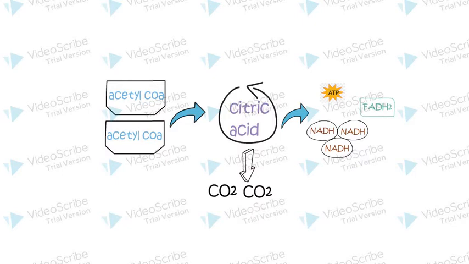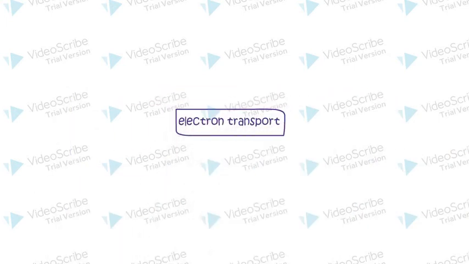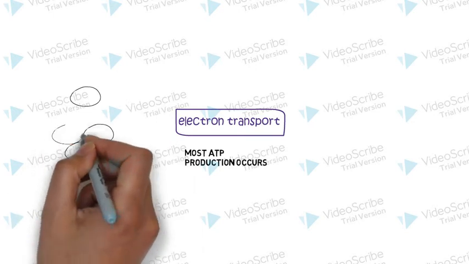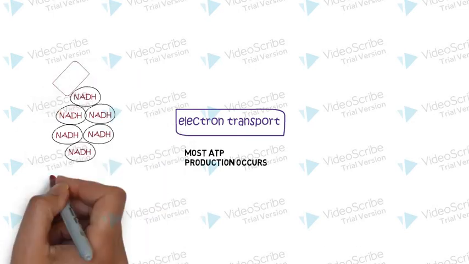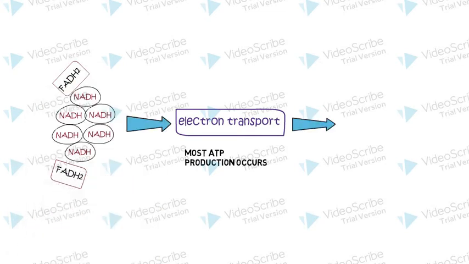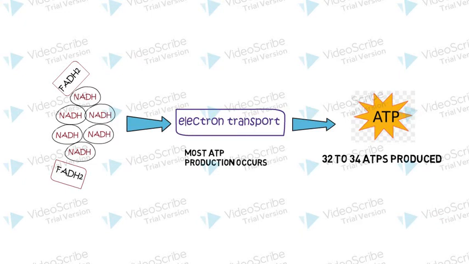Now for the fourth stage, the electron transport chain, is where the most ATP production occurs. Here NADH and FADH2 release electrons, which, after a series of steps, lead to the production of 32 to 34 ATP molecules.